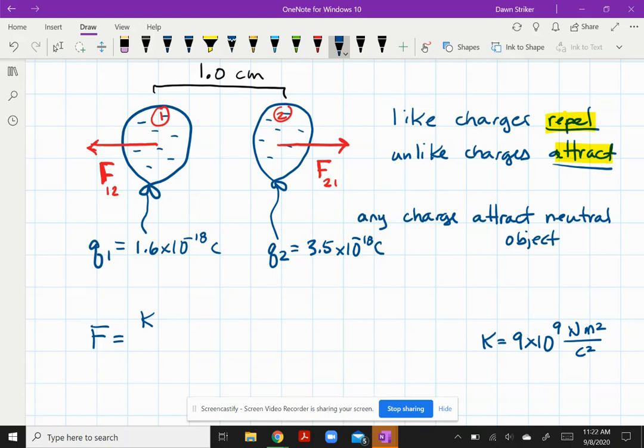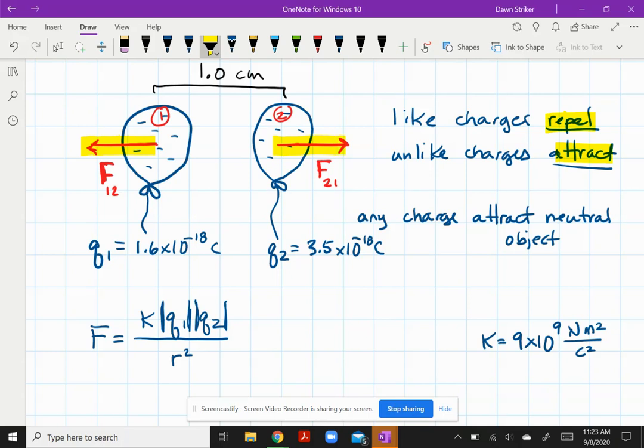Similar to the gravitational constant, it just exists as a multiplier when you're using Coulomb's law, times the charge on one object, times the charge on the other object, divided by the distance between those objects squared. Commonly, these are put in absolute value. That's why I keep saying it doesn't matter whether it's a positive or negative charge.